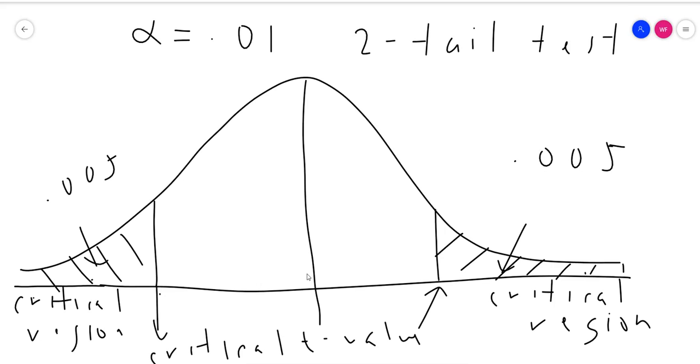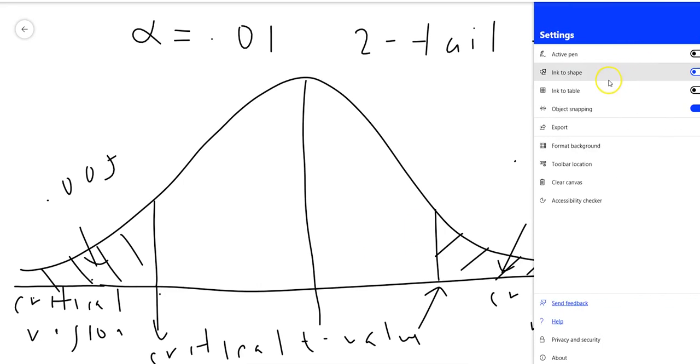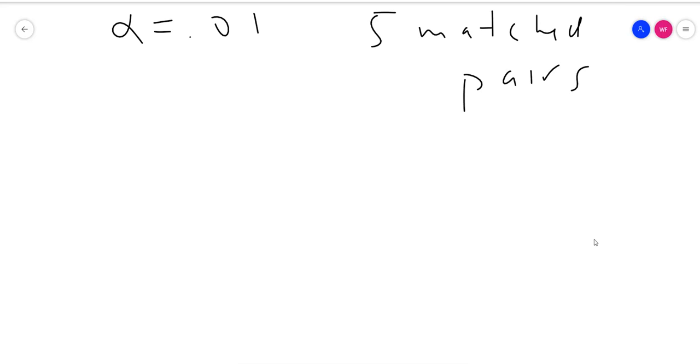Anyway, I want to get on to the idea of how to find these critical t-values. So I'm going to try to erase this board. Okay, so let's say that, again, alpha equals 0.01, and they're asking this in the context of matched pairs. And let's say that there are 5 matched pairs. And they ask you to find the critical t-value.